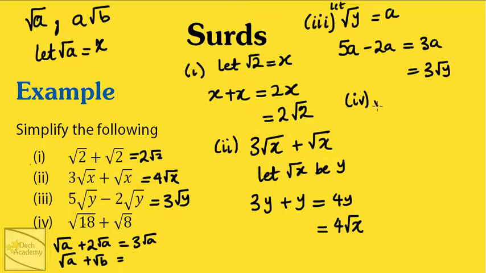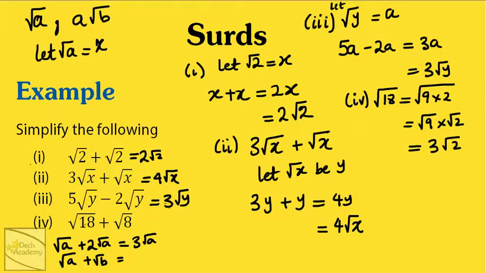Well, you need to notice that the square root of 18 is the same thing as the square root of what? Well, 18 is the same thing as 9 times 2, which means that we can write it as the square root of 9 times the square root of 2, which is equal to 3 root 2. What about the square root of 8? The square root of 8 is the same thing as the square root of, what is 8? 4 times 2.